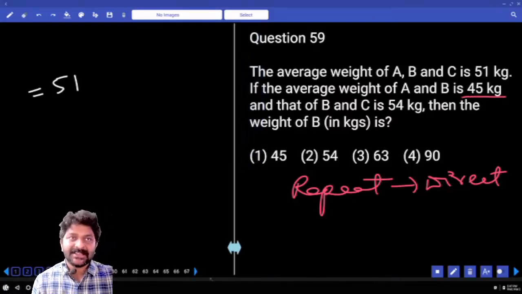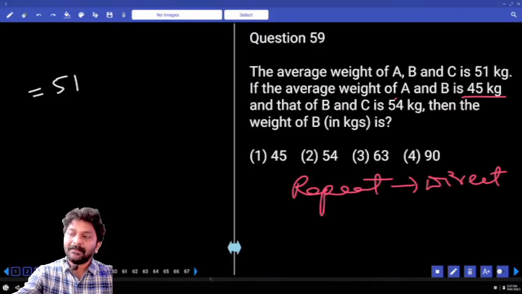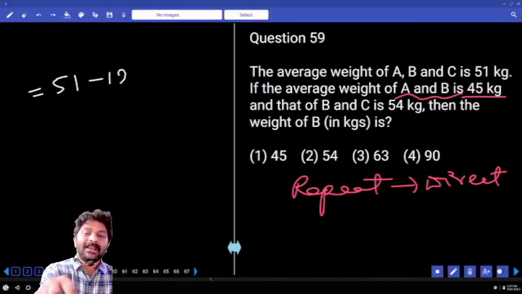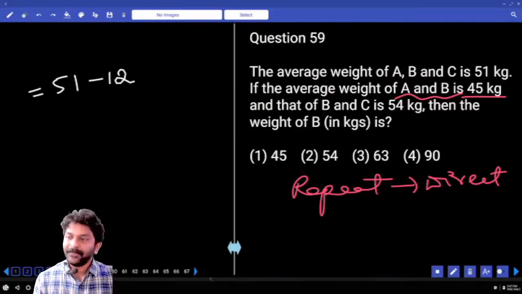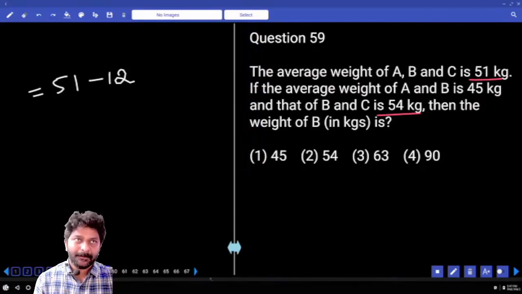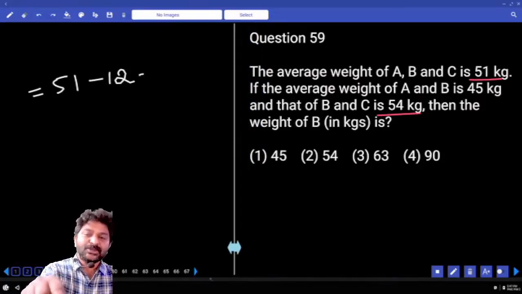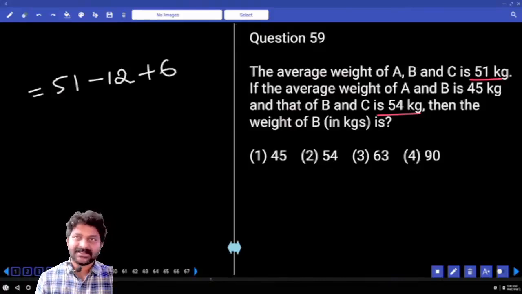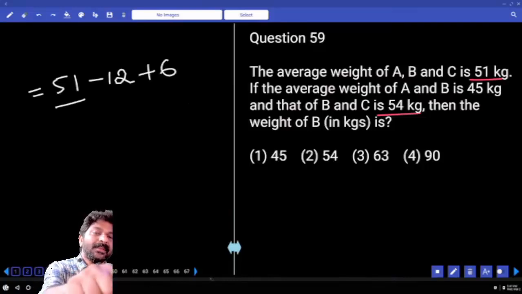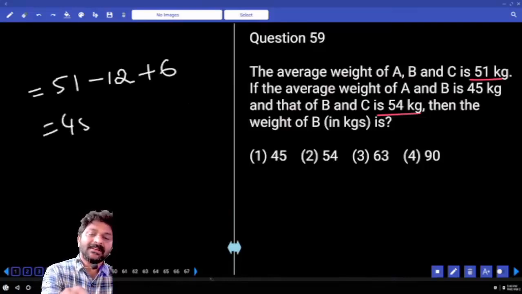That is 6 less than 51. How many numbers are there? 2. That means 6 into 2, 12 less. Direct effect, so we'll subtract. Average of BC is 54, which is 3 more than 51. 2 numbers are there. 3 into 2, 6 more. Direct effect, plus 6. Minus 12 plus 6 in the sense we have to subtract 6 from 51. Answer 45.